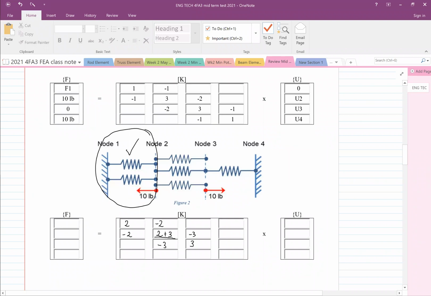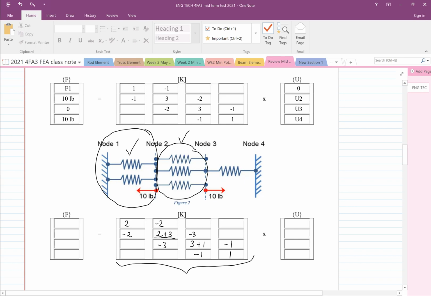But it's totally legit if you just give me an answer like 2 plus 3. It's even better because you show me how you work on it. So nodes 2 and 3 is done. And then between 3 and 4, there's only one element. Nice and clear.